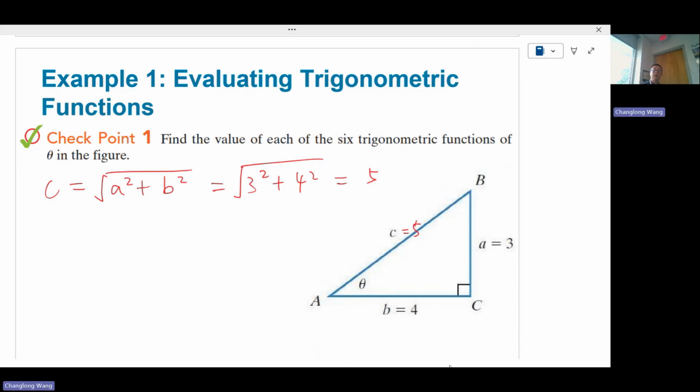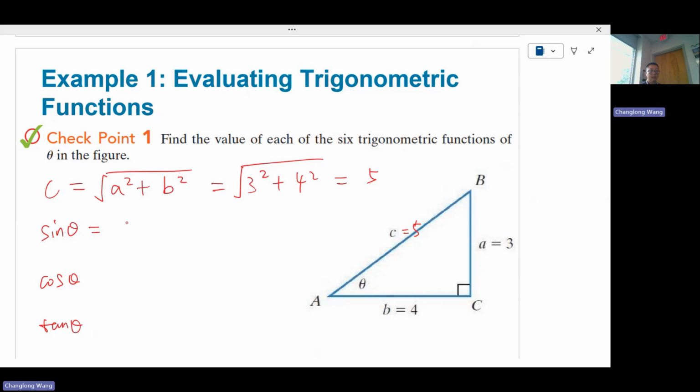And if you remember that all 6 trig functions are about taking 2 sides and finding the ratio of them, now you can work out all 6 functions as long as you know how they're defined. All right, let's start with the first 3 that you guys are very quick at memorizing, how they're defined. So sine, cosine, and tangent.